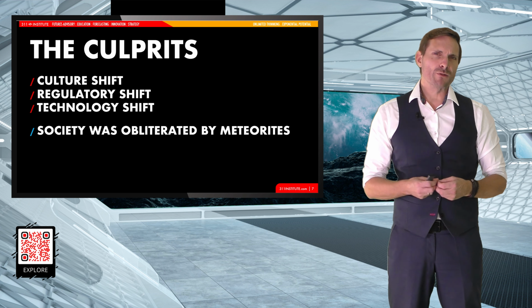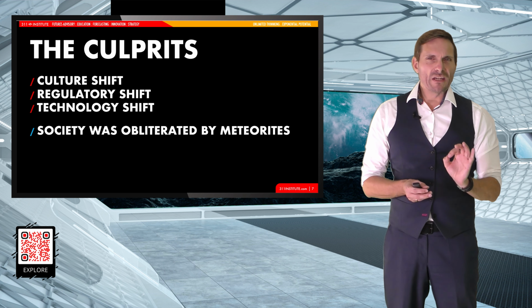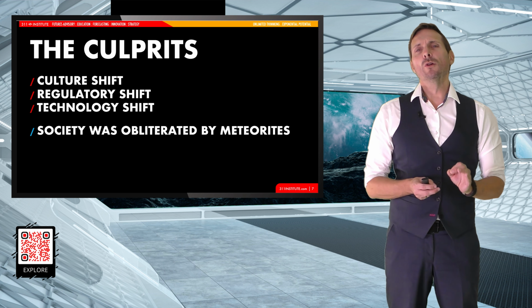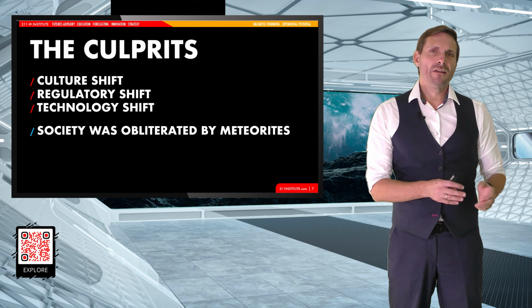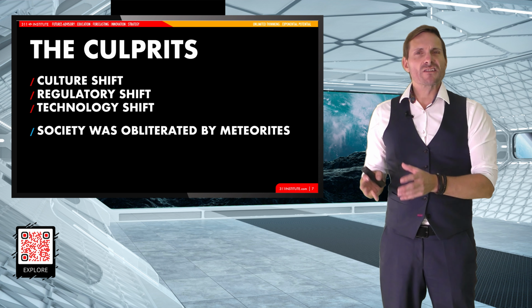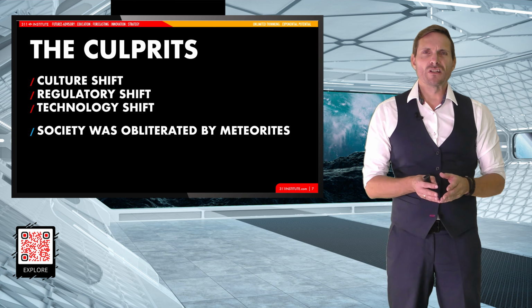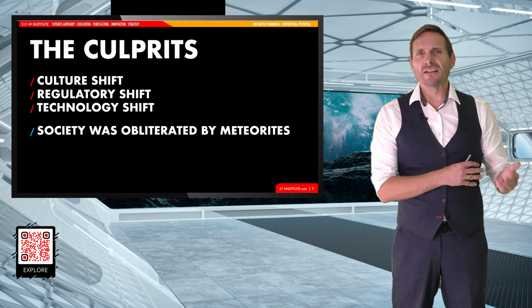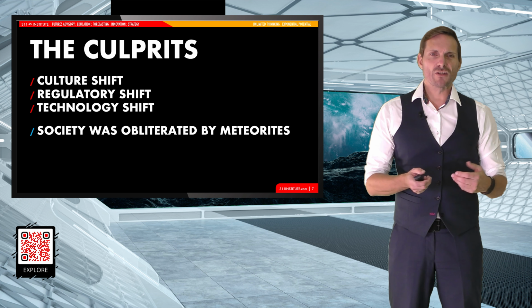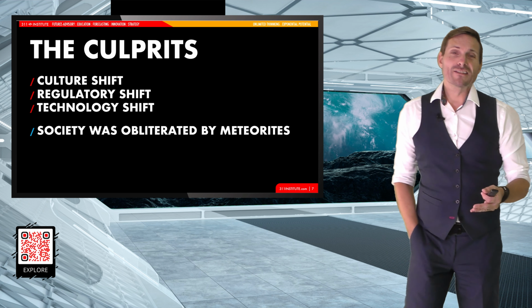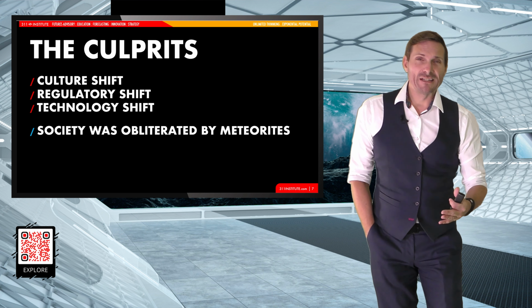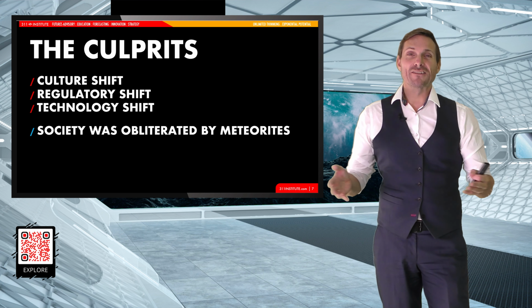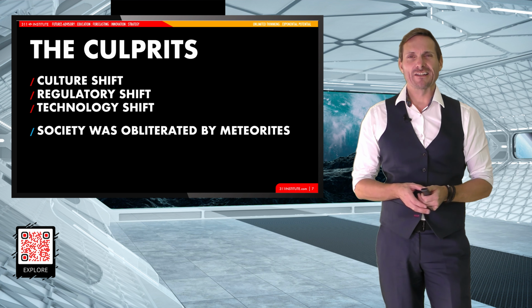From a computing perspective, we are at the very beginning of a shift from silicon-based computing to quantum-based computing, and from artificial intelligences that run in the data center to artificial intelligences that run at the edge of Internet of Things networks, and so on. And then the other reason something often dies is because society was hit by a meteorite. That's it. Just ask the dinosaurs how they're getting along with their documentation programs.